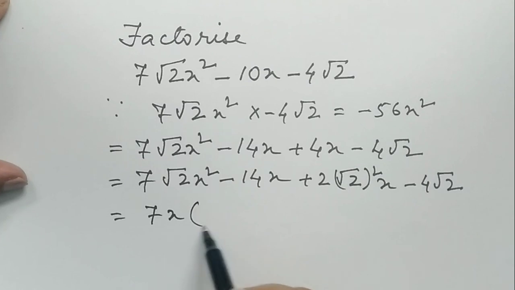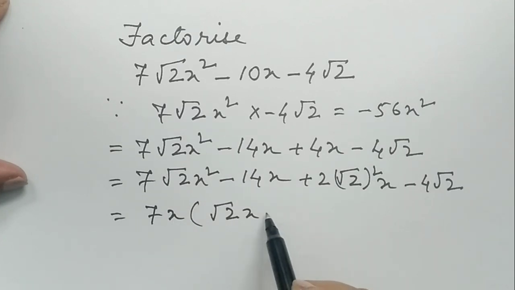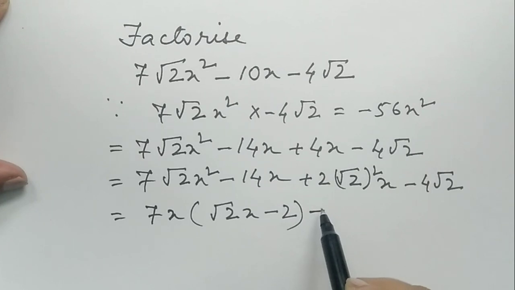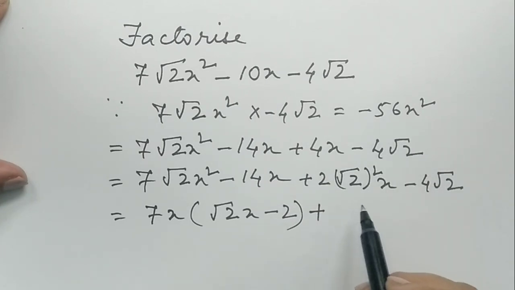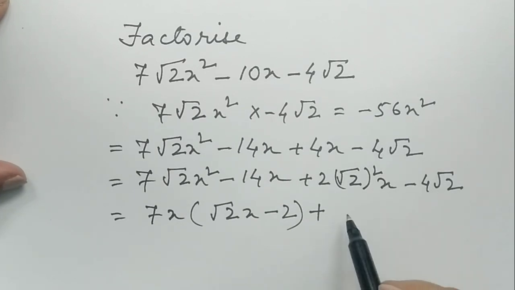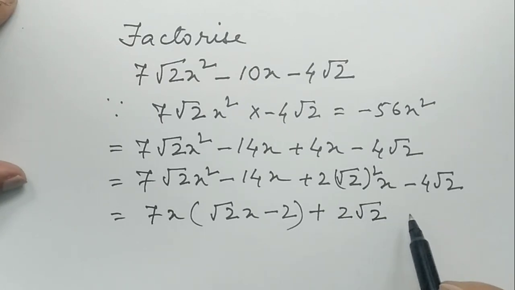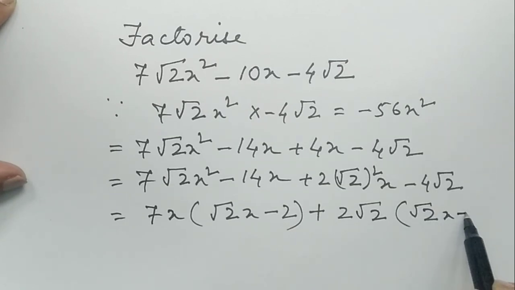So we get root 2 here and 1x is left because 1x went there, minus 2, and here we have common root 2 here also. And we have 4 here, so we can take 2 also as common. Inside we are left with root 2 and then 1x minus 2.